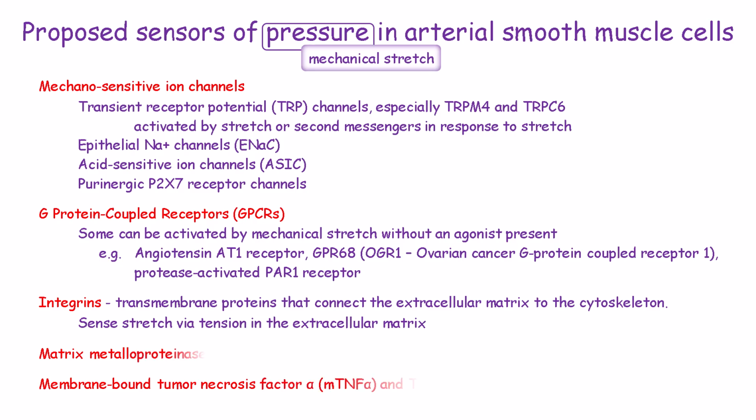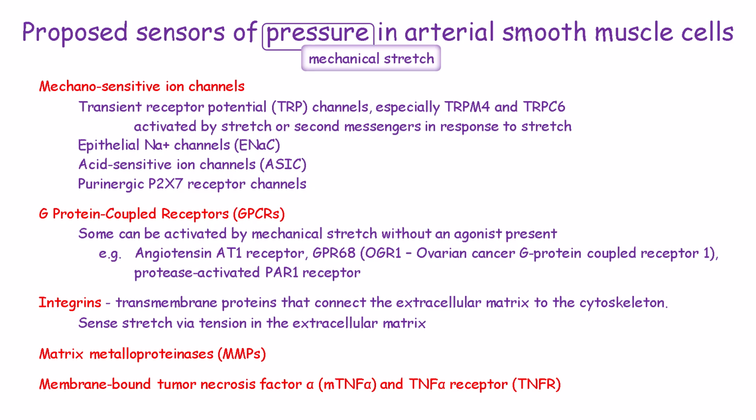Matrix metalloproteinases, membrane-bound tumor necrosis factor alpha, and the tumor necrosis factor alpha receptor have all been implicated in myogenic tone. Their roles are unclear. They may have a modulatory role rather than participating in the main pathways leading to myogenic tone.